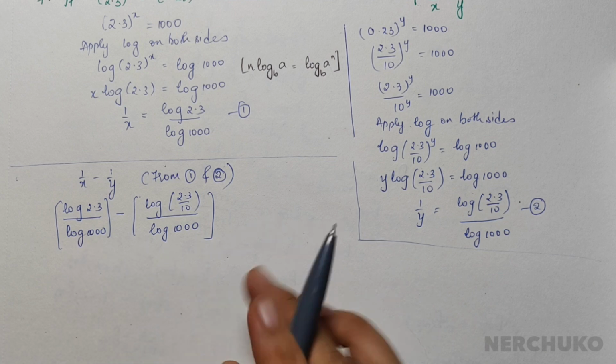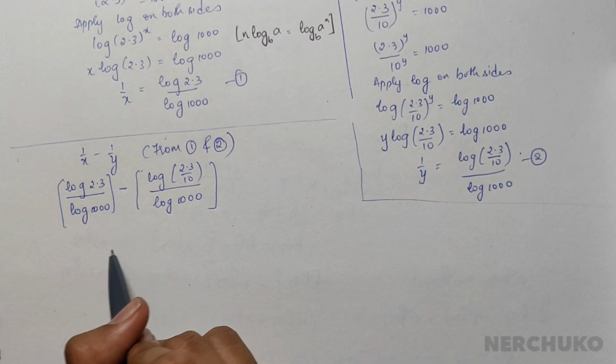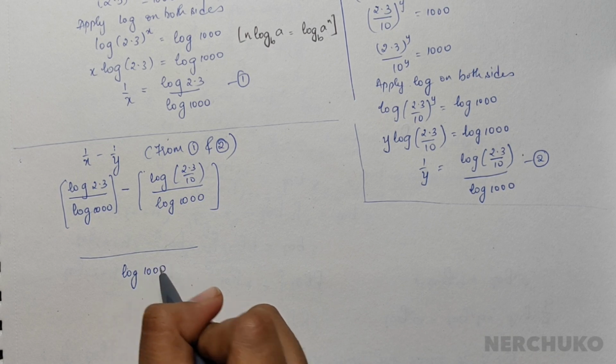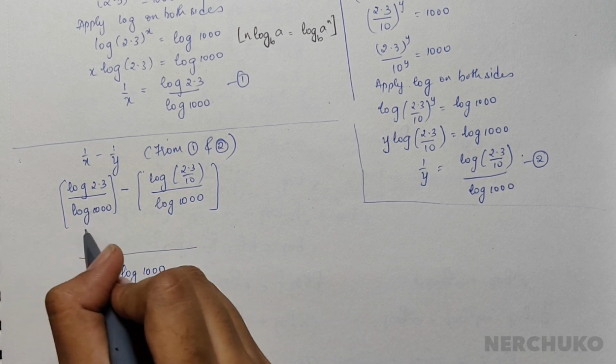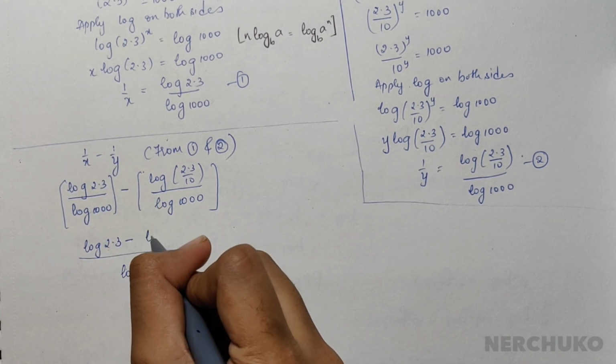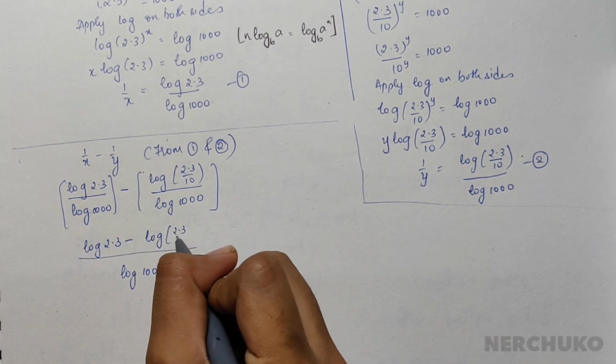I have a common denominator, so let me combine these terms. Log 1000, in the numerator we will have log 2.3 minus log 2.3 divided by 10.